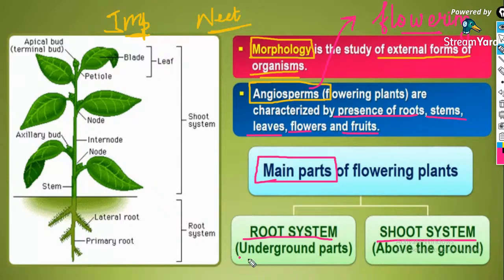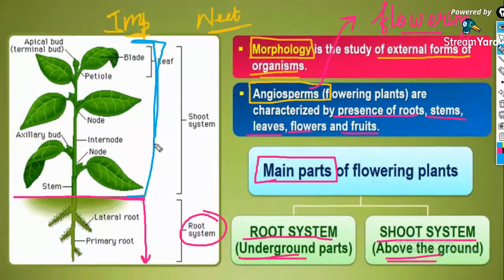The root system is the underground part, the parts of the plant below the soil, and the part above the soil is called the shoot system. Suppose this is the soil level: all parts below the soil come under the root system, and all parts above the soil come under the shoot system. Guys, understood with this first slide?